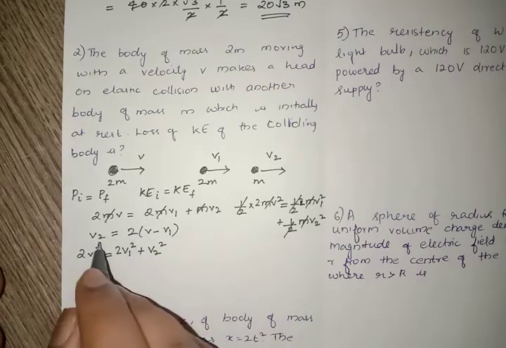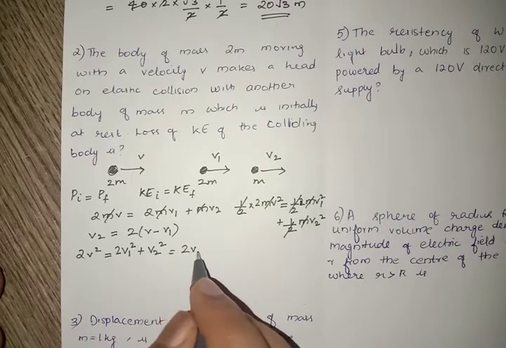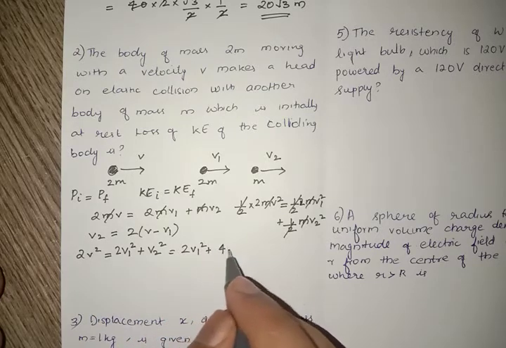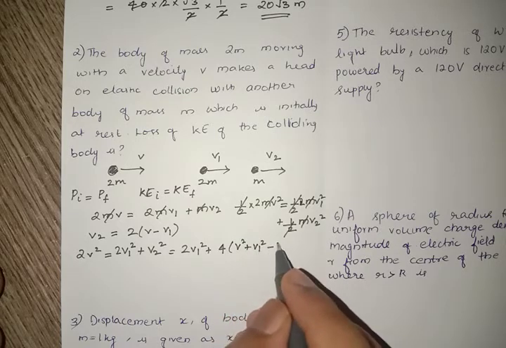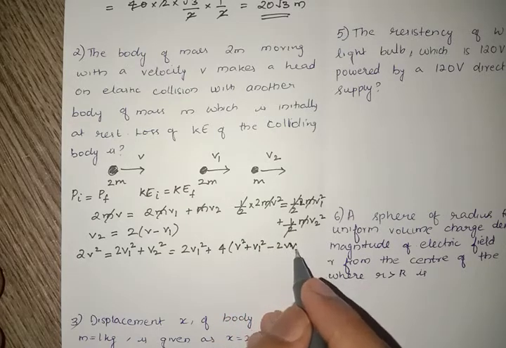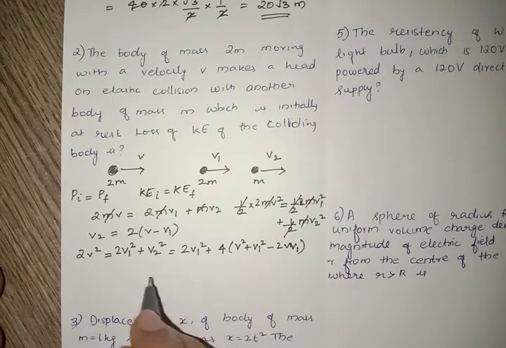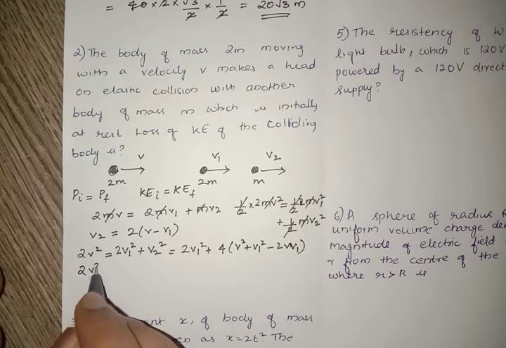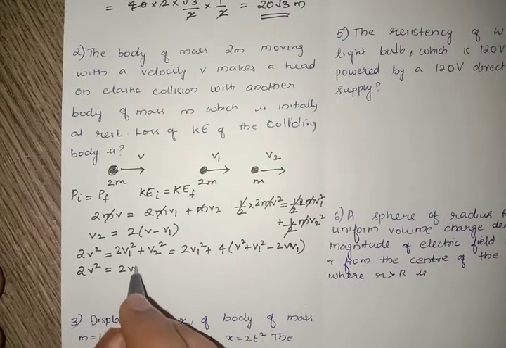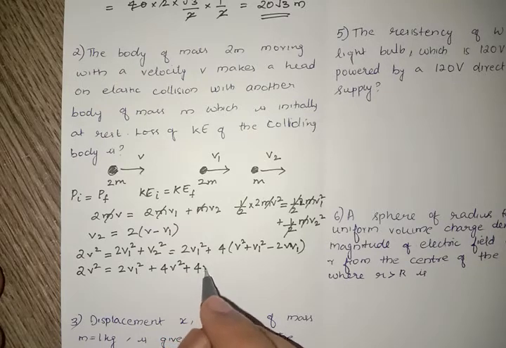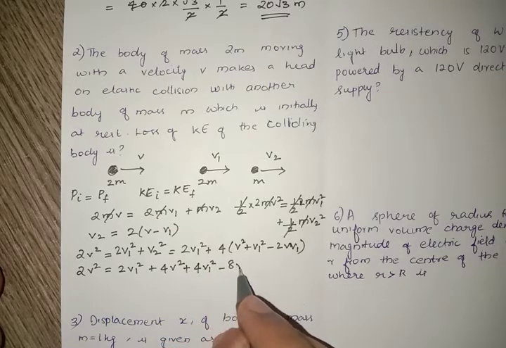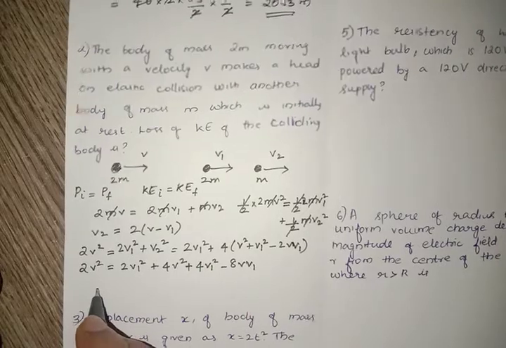Now if we substitute the value of v2 here, we get 2v1 squared plus 4 into v squared plus v1 squared minus 2v v1. So we get 2v squared is equal to 2v1 squared plus 4v squared plus 4v1 squared minus 8v v1.